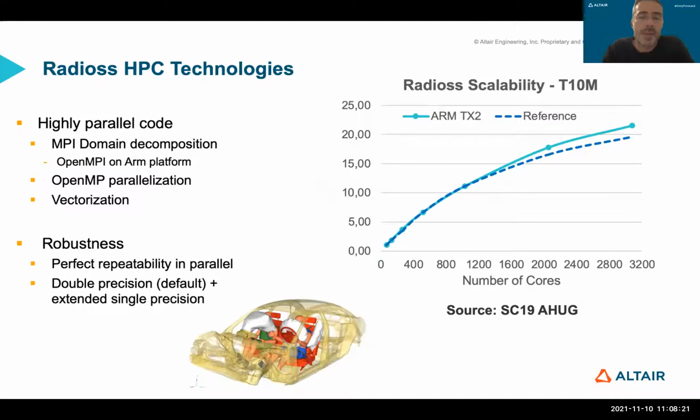In terms of parallelization, our code is based on a hybrid version, so domain decomposition and MPI message passing, and a second level of parallelism with OpenMP parallelization. And indeed, we have a third level of parallelization, which is vectorization.